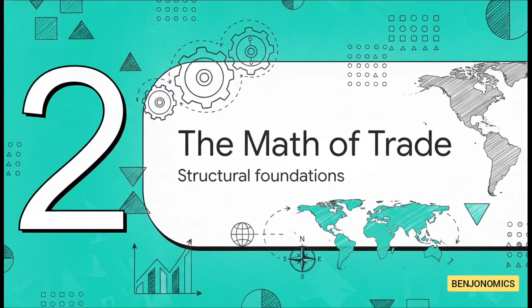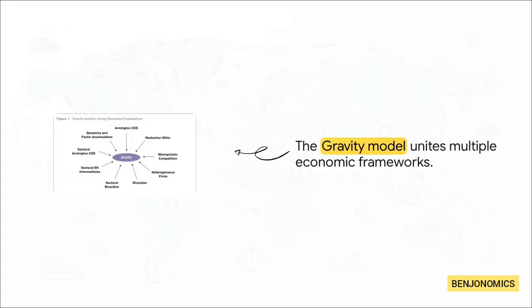Moving right along into modern economics, Section 2, the math of trade. And this brilliantly illustrates why the gravity model is considered the ultimate workhorse of international trade. You see, for decades, economists argued over different micro-foundations for trade.